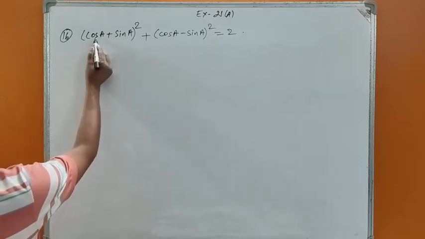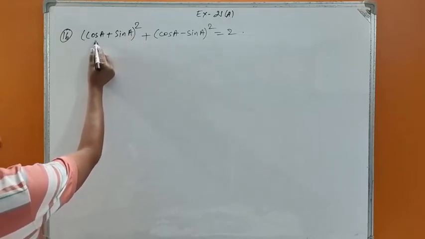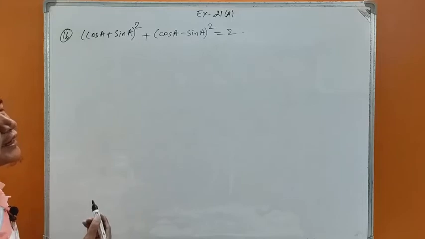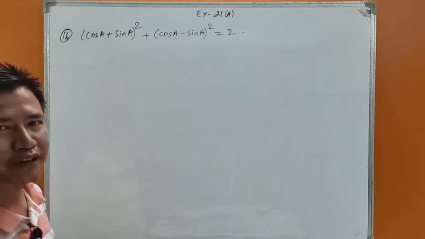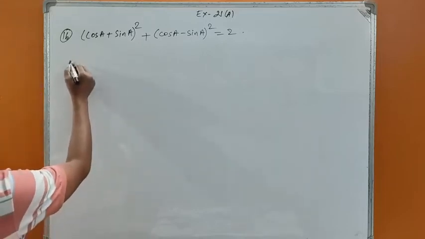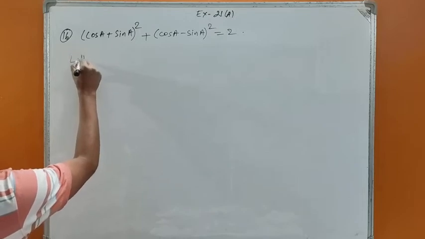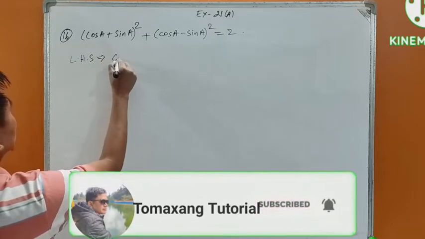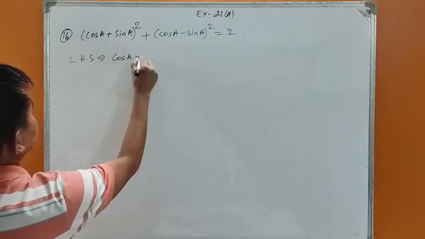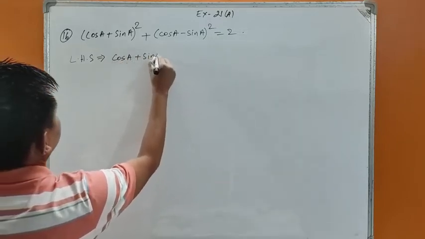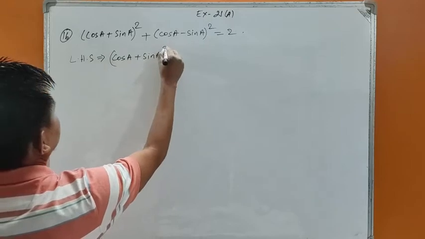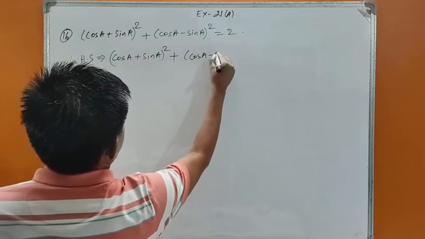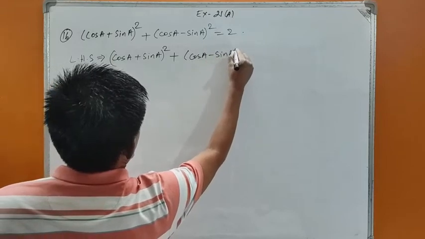So this is (cos a plus sin a) whole square. We can assume this as (a plus b) whole square. (a plus b) whole square means a square plus 2ab plus b square, isn't it? Everybody knows this formula. So left hand side, let us copy as it is first. Left hand side equals (cos a plus sin a) whole square plus (cos a minus sin a) whole square.